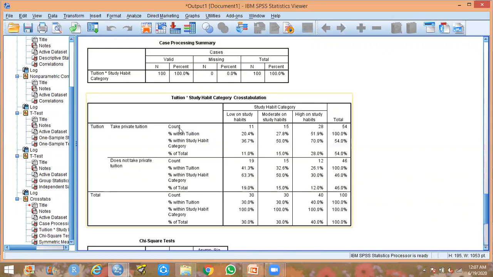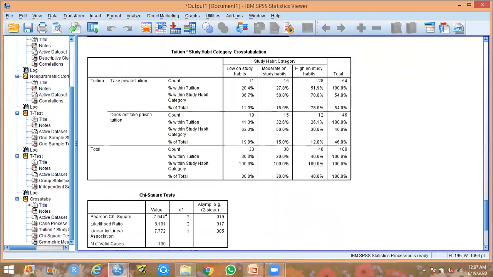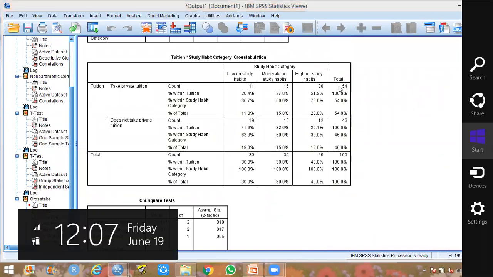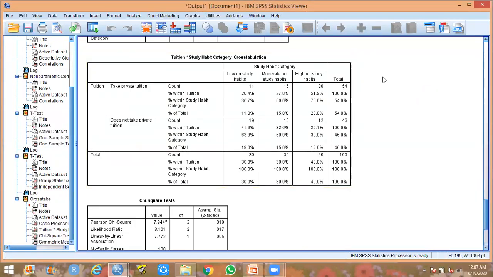Now please try to understand this cross tabulation analysis between private tuition and study habit category. Clear? My concentration is now on taking private tuition and study habit category, that is low, moderate and high. On high study habits, 28 students are there. The percentage within study habit category and high is 51.9 percent.